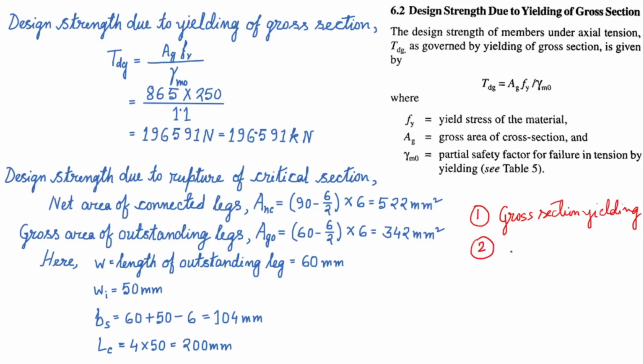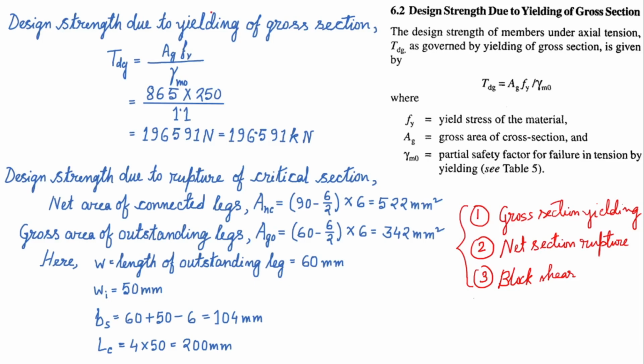The second one is net section rupture, that is the design strength of the angle due to rupture of net section. And the third one is block shear, the design strength of the angle due to block shear. So we have to calculate the design strength for 3 different cases and the minimum of these 3 will be the design tensile strength of the angle.